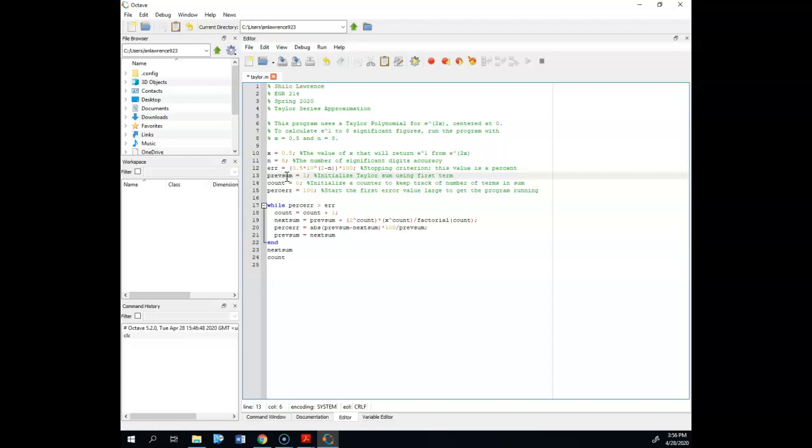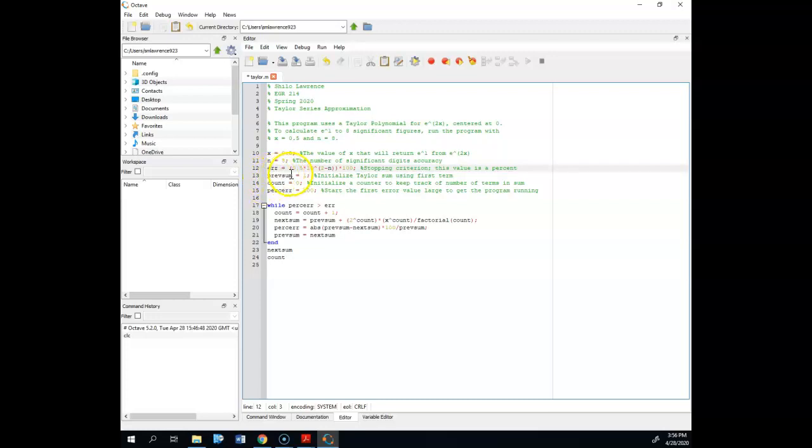I've written my program to run based on whether or not the current difference between any two terms is greater than this acceptable error. So in order to calculate error, I've got to have two values.